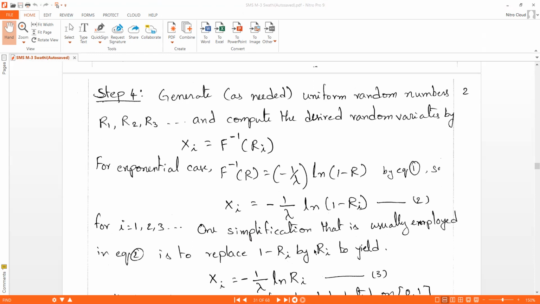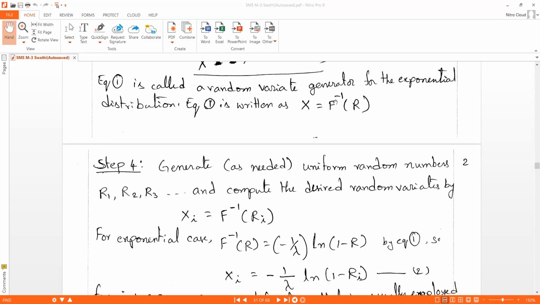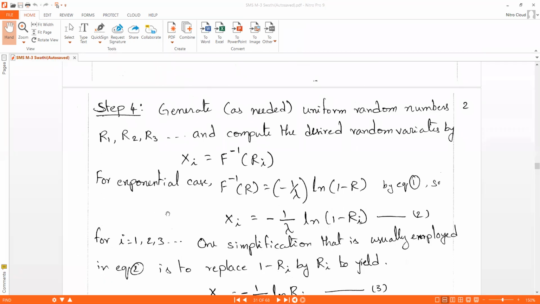Step 4 says to generate uniform random numbers, that is r1, r2, r3, r4 and so on, and compute the desired random variates by using this formula: xi is equal to f inverse of ri. For the exponential case, f inverse of r is equal to minus 1 by lambda into ln of 1 minus r. This is from equation 1.